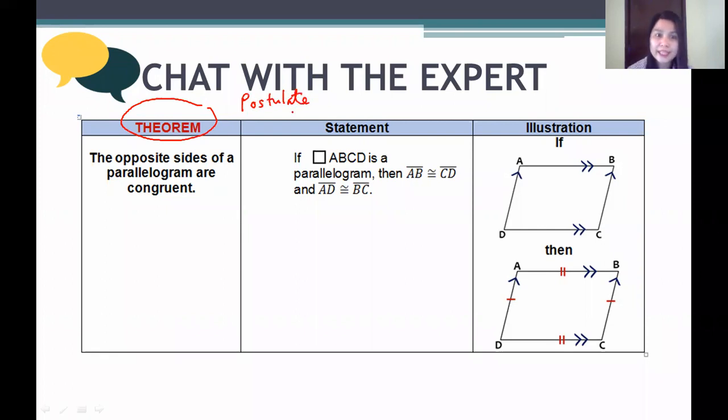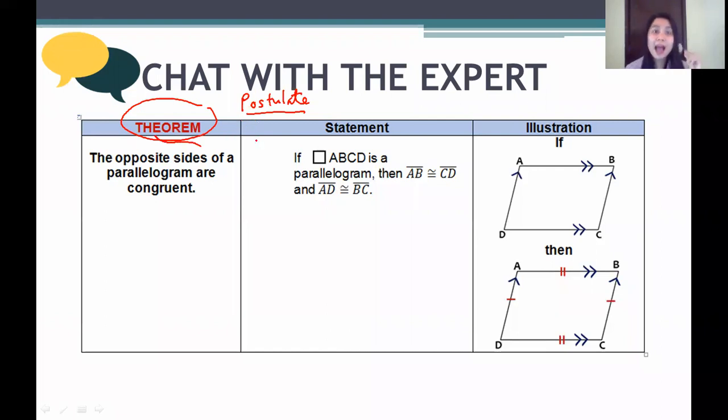A postulate is a mathematical statement that is already accepted even without a proof. For example, they say God exists. Even if there's no proof, we accept that. So that is a postulate. But if you say theorem, you need to have a proof.